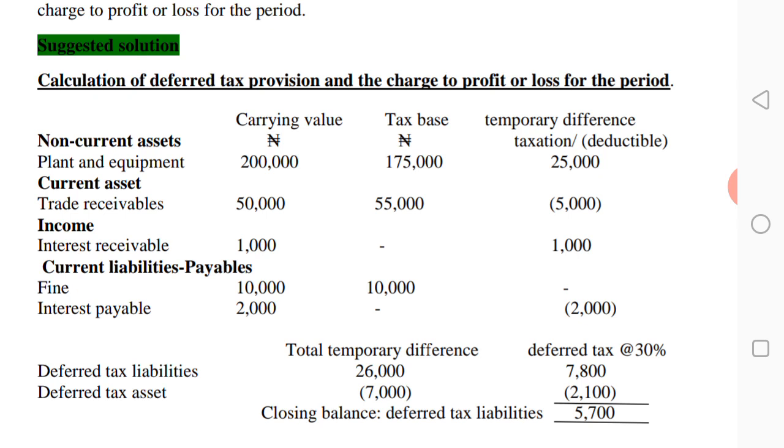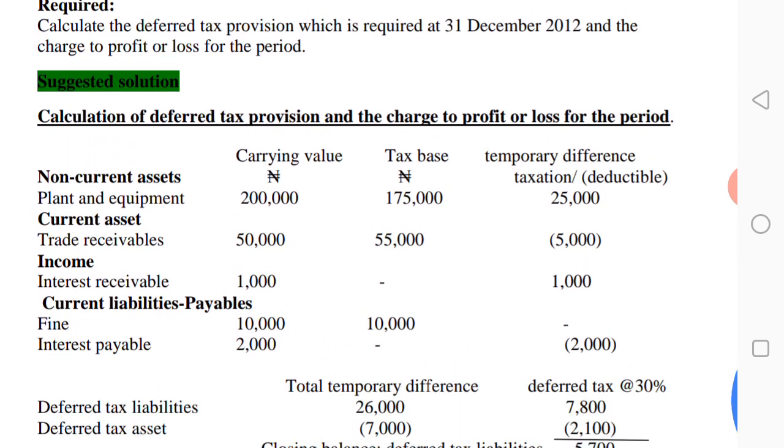I remember that in our tax, a general provision is a disallowable expense, and it is only a specific provision that will be allowed. So we now add it back to get 55,000 for the tax base. So from the tax perspective it is not 50,000. It will be what? 55,000.